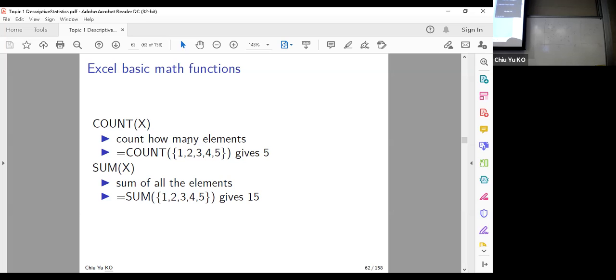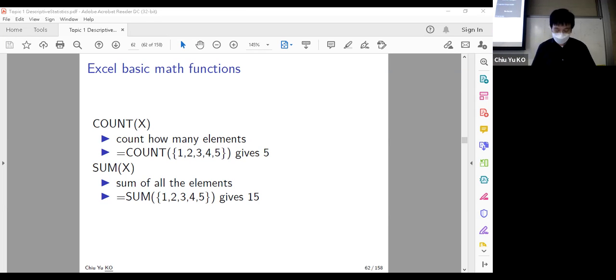So this count of the numbers is just 5, and this sum is the sum of them. Let me work it out. If I have COUNT, a bracket, and I put 1, 2, 3, 4, 5 and close the bracket, that gives you 5, so it counts how many of them.